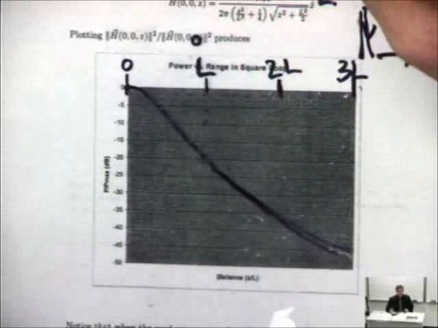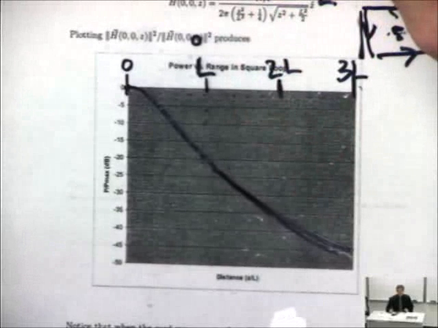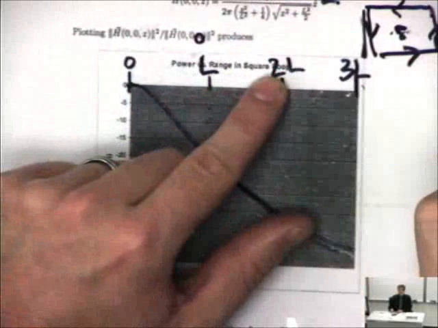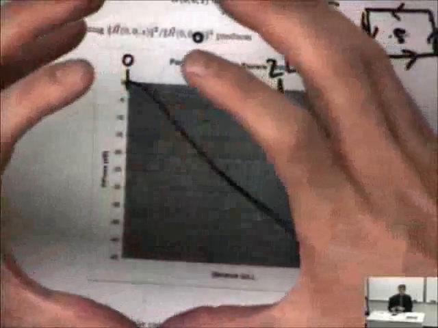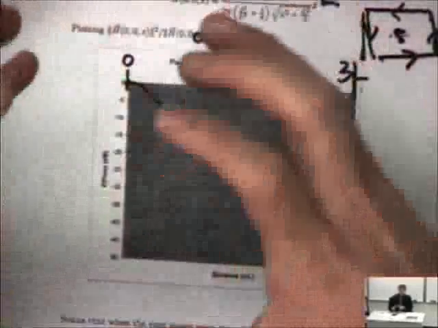Double the distance, you get 1/64th of the power. So going from L to 2L, that's 1/64th. 2L to 4L, that's another factor of 1/64. So there is a very tight bubble of operation that you can rely on in near-field communications.